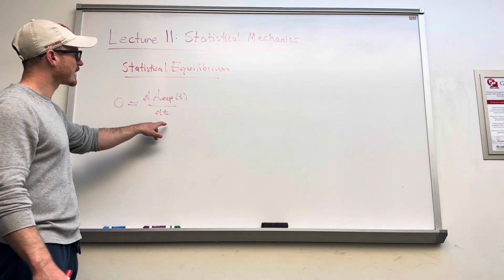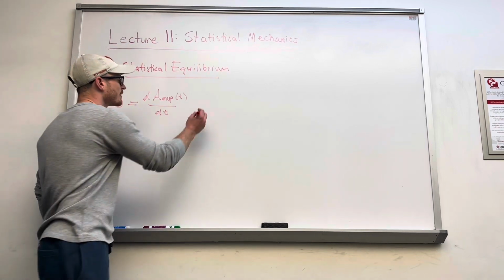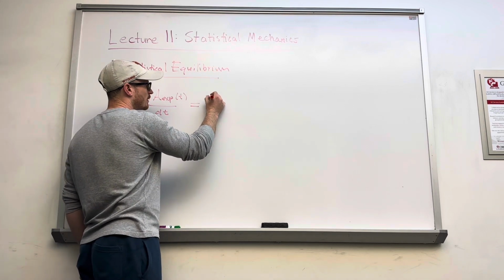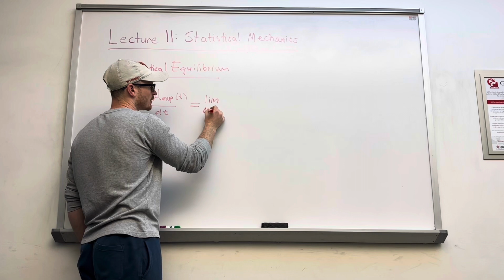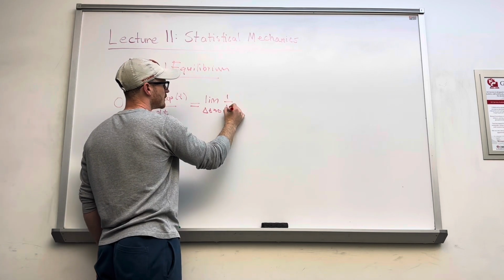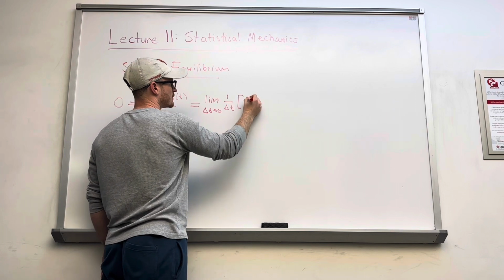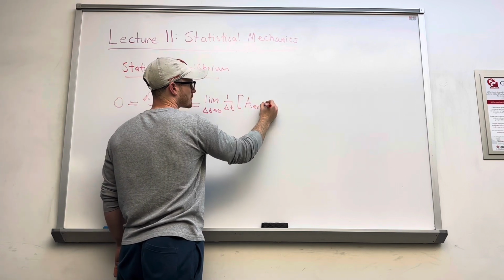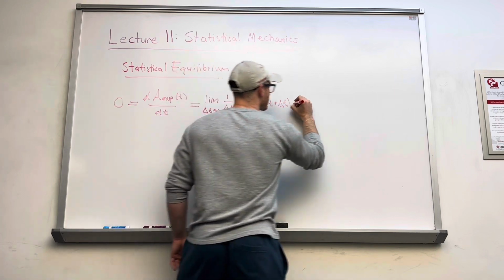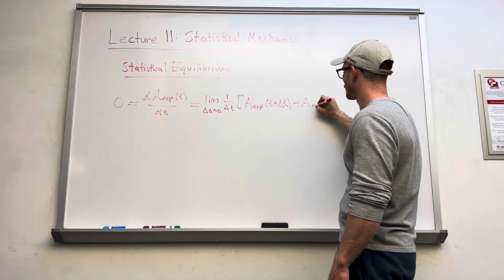Okay, well, let's write this out in terms of the definition of the derivative. This derivative is the same as saying the limit as delta t goes to 0 of 1 over delta t times A at t plus delta t minus A at t.